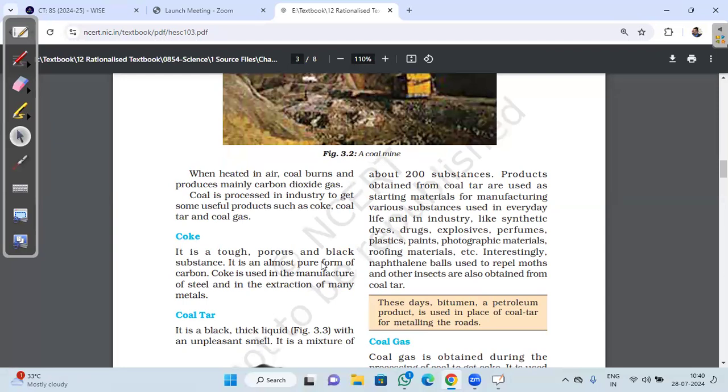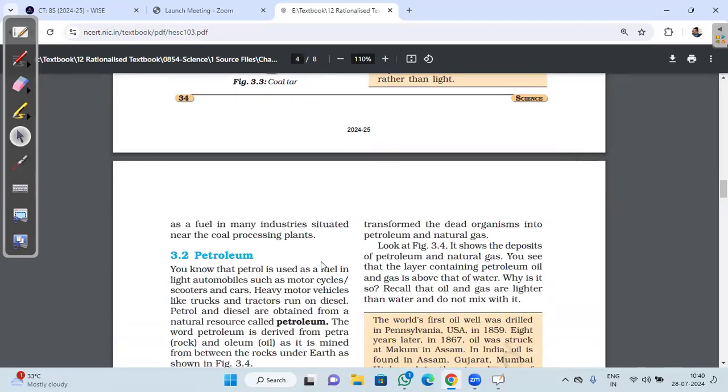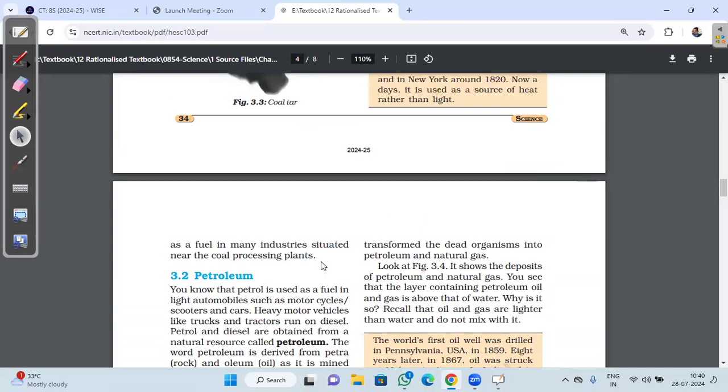Okay, students, I hope you will be able to recall the uses of coke, coal tar, and coal gas. See, coal gas is obtained during the processing of coal to get coke, and it is used as a fuel in many industries situated near the coal processing plants.